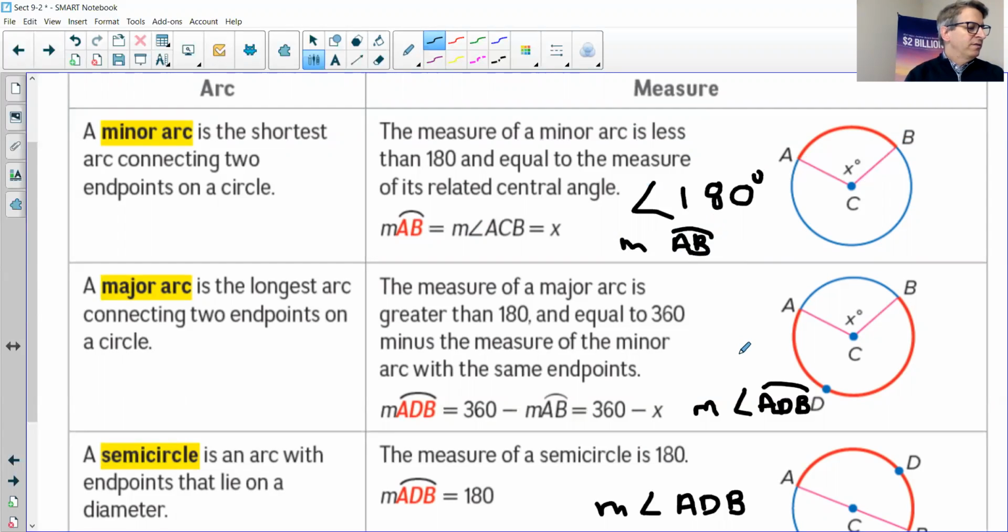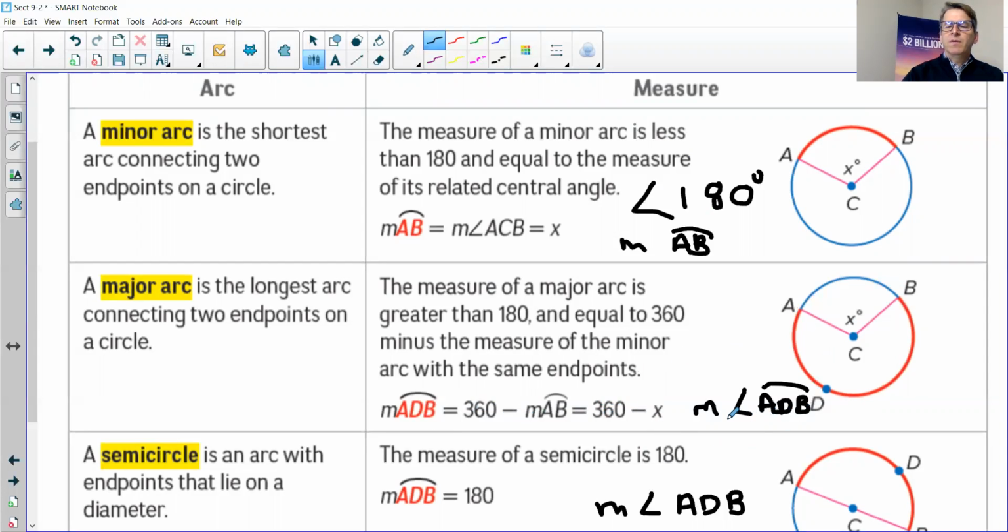A major arc is the longest arc connecting two endpoints on a circle. The measure of a major arc is greater than 180 and equal to 360 minus the measure of the minor arc with the same endpoints. So the measure in this case of ADB is equal to 360 minus the measure of arc AB, which is equal to 360 minus x.